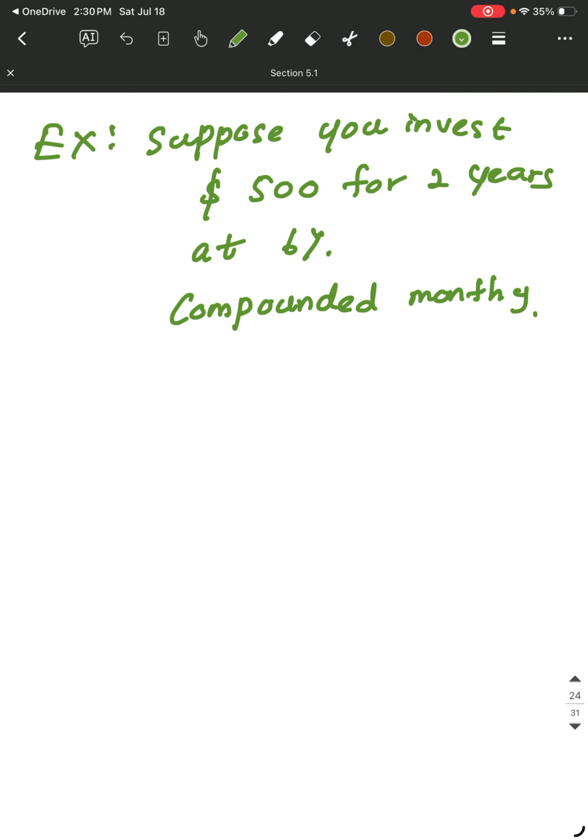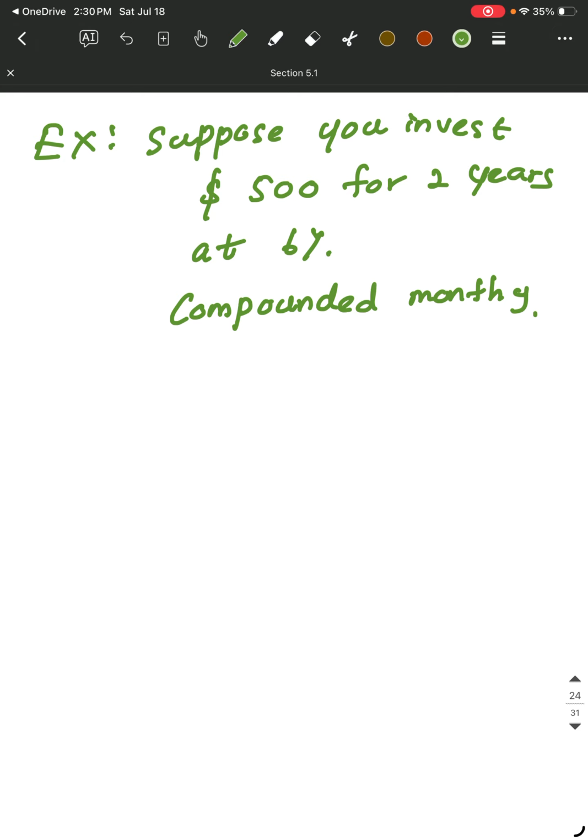Okay, then let's summarize today's lesson. Today we learned the difference between simple interest and compound interest. We introduced important financial vocabulary: calculated interest earned, determine accumulated amount, and solve several investment and loan problems.